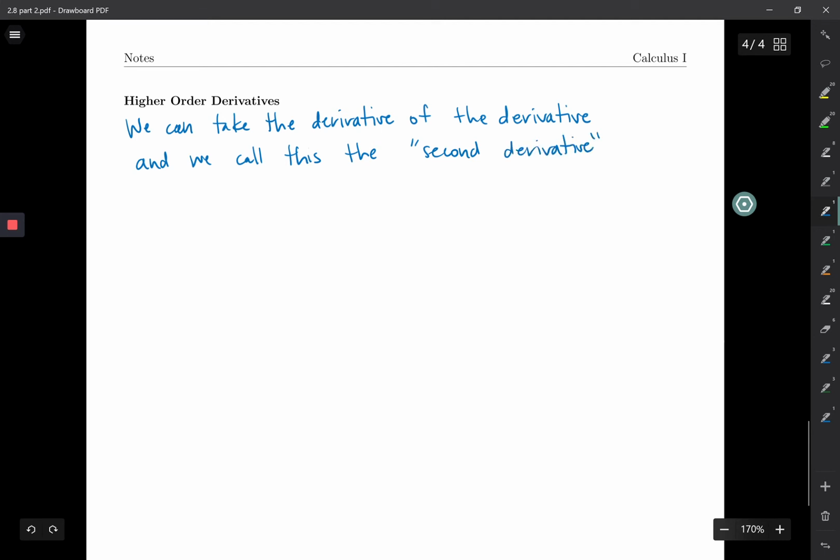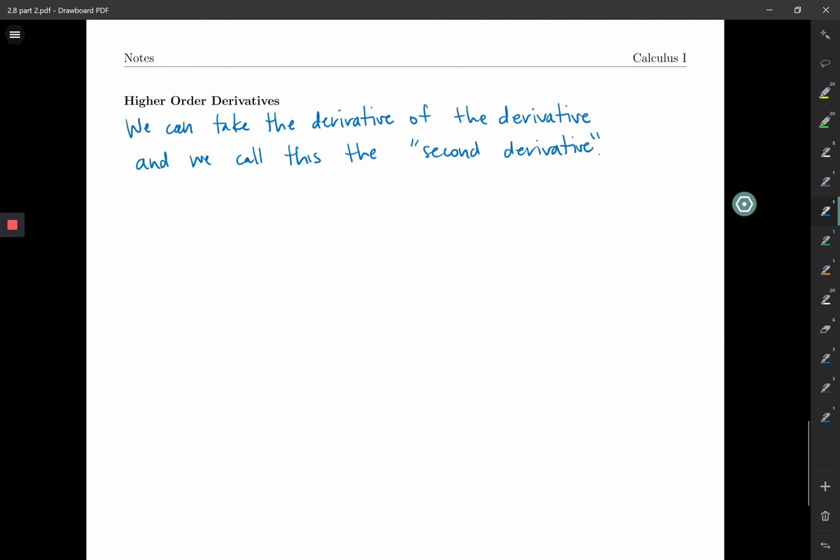Okay, so the derivative is a function, and we can take the derivative of a function. So we can just keep doing this. We can get a second derivative, we can get a third derivative, and so on.